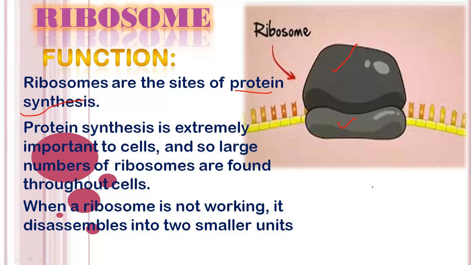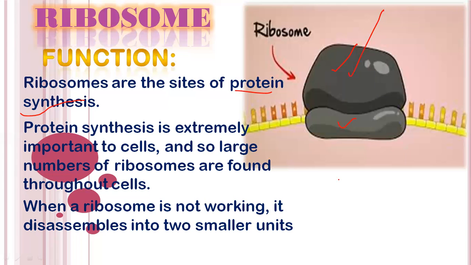So that protein synthesis is done with the help of ribosomes. Ribosomes, this is a freely floating ribosome. But some ribosomes are just attached to the endoplasmic reticulum. Endoplasmic reticulum is the connection of cytoplasm with the cell membrane, like channels that act as the road into the cell.